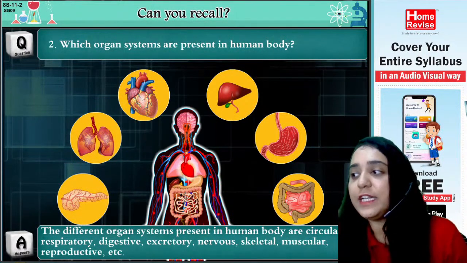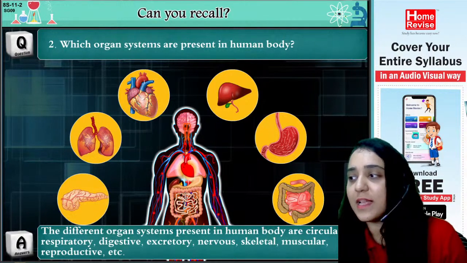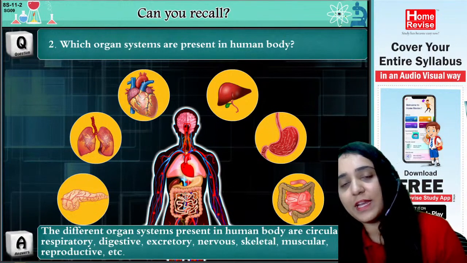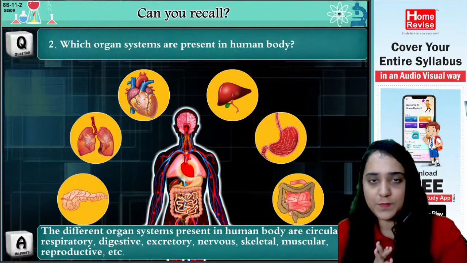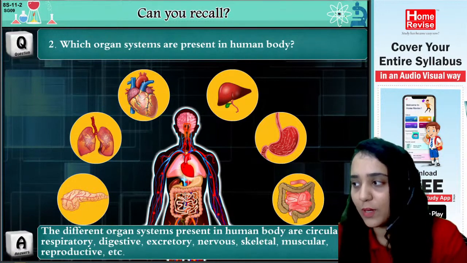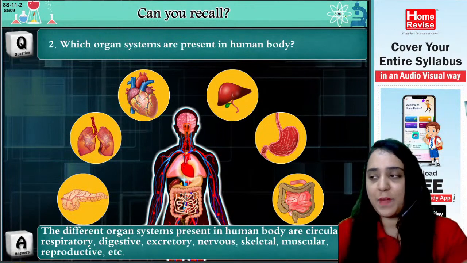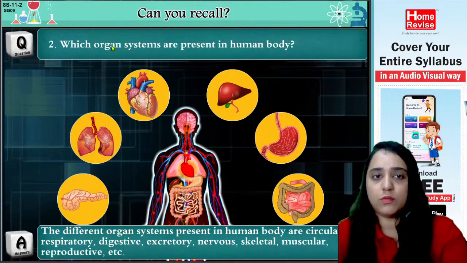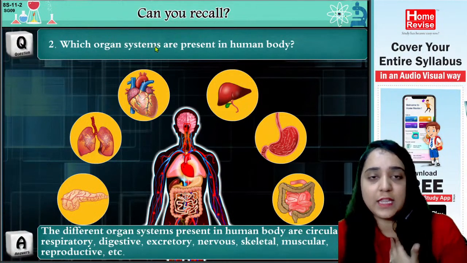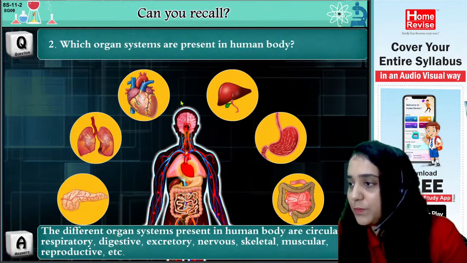Cells come together to form a tissue, and the tissues then extend to form the organ, and finally the whole organ system, as we have studied, that when all the organs group up together it is called the organ system. Correct. Now, can you name any two organ systems that are present in the human body? Can you tell any two? Yes, any two will do.